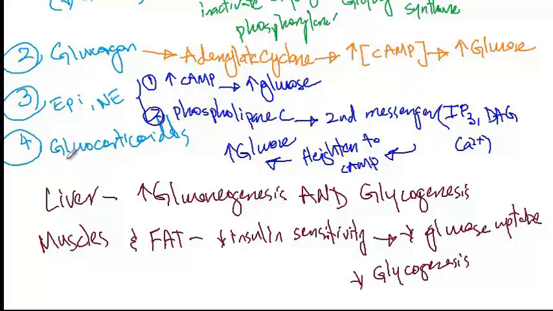And so that's why by excess glucocorticoids exposure there would be insulin resistance and hyperglycemia that is seen in type 2 diabetic patients.